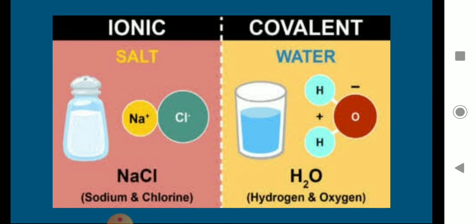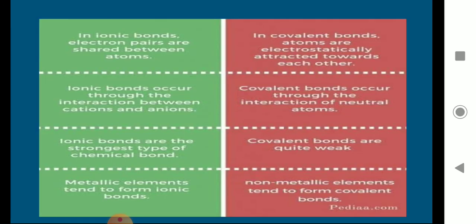So we have studied ionic compounds and covalent compounds, ionic bond and covalent bond. Ionic bond is formed because of give and take of electrons and covalent bond is formed because of sharing of electrons. Here one example of an ionic compound is given, that is NaCl, and covalent it is H2O.